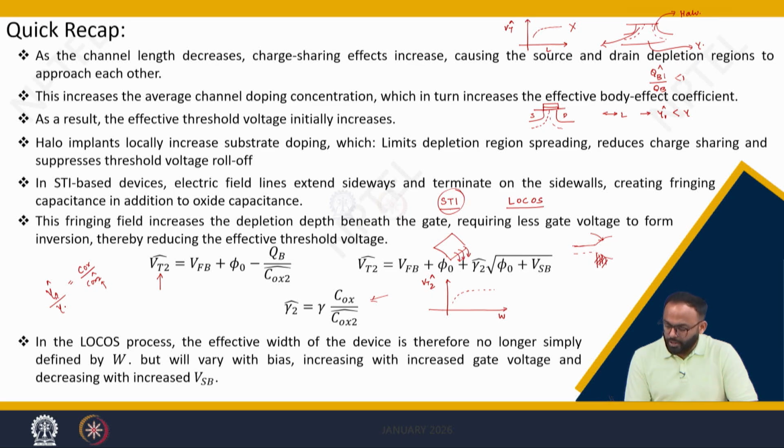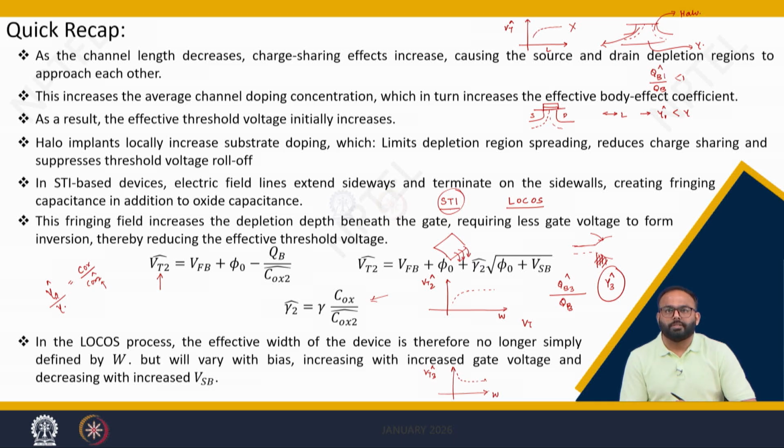To create this side wall depletion region, ultimately the charge shared by the gate is more than the total charge, that is QB, which ultimately increases gamma 3 cap, and we found that if gamma increases, the threshold voltage increases. So, in the LOCOS process, when you plot a graph of threshold voltage, which is VT3 cap, with width scaling, then when you reduce the width, the threshold voltage increases.